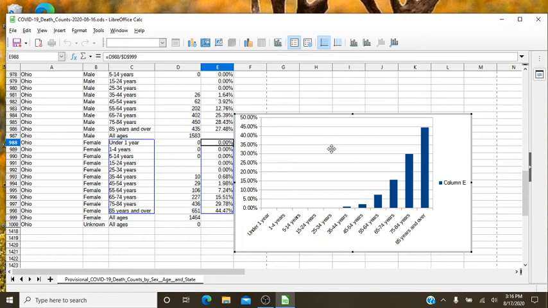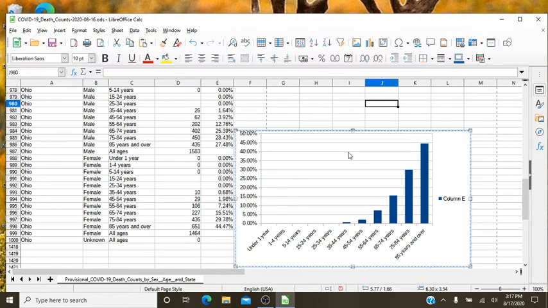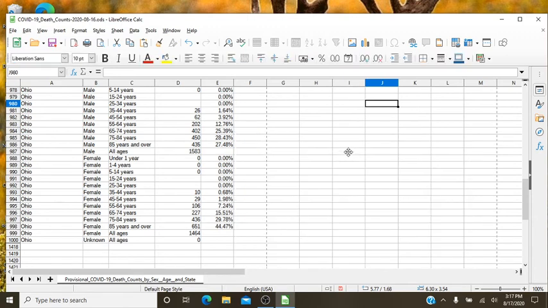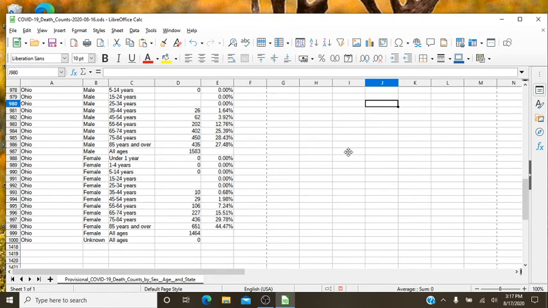As high as 45% for 85 and over, 75 to 84 at 30%, and it continues down. So I think the general conclusion would be that it does appear to be affecting women more than men.